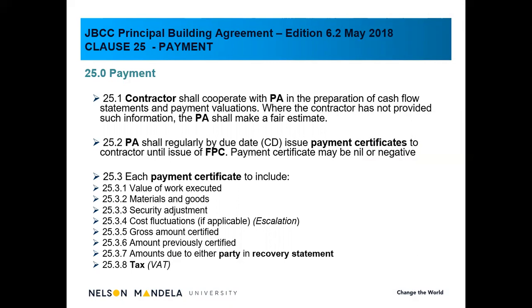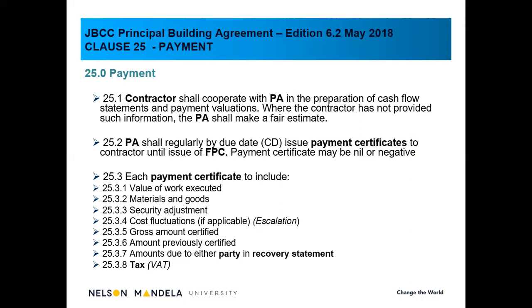So if we look at clause 25 of the JBCC Principal Agreement, referring to payment, clause 25.1 states that the contractor shall cooperate with the principal agent in preparing cash flow statements and payment valuations. Now you'll note that the JBCC states the principal agent is responsible to prepare and issue a payment certificate.